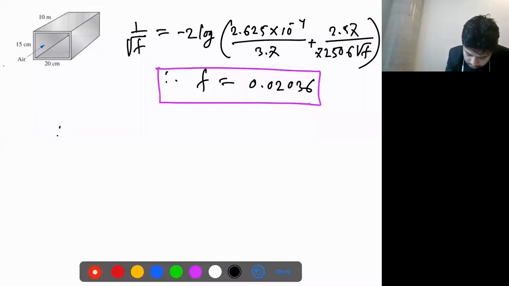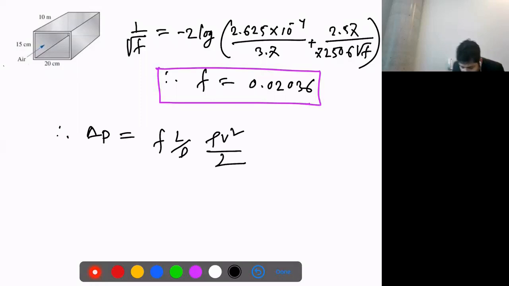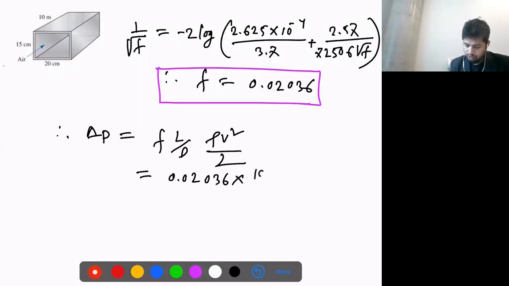And now the delta P, the pressure loss, will be f L over D times rho V squared over 2. So you just substitute these values here. The friction factor is 0.02036, length is 10 meter, diameter is 0.17143, and the density is 1.143, velocity is 7 squared, over 2.